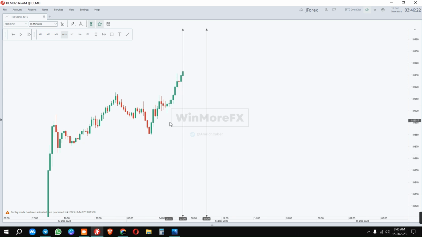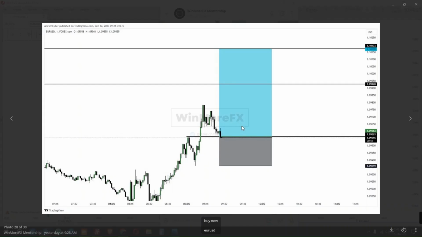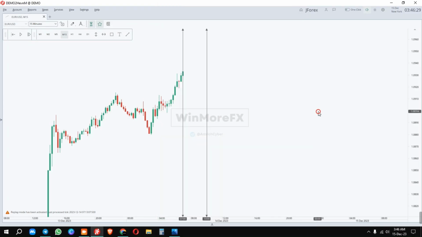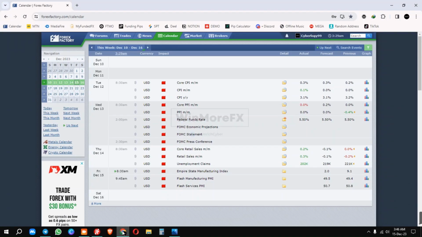So this was yesterday's price action, and I personally traded this setup with my mentorship. So the first thing you always do is to check the news. As you can see, yesterday was 14th December. Always check the news. And we had a red folder news at 8:30.